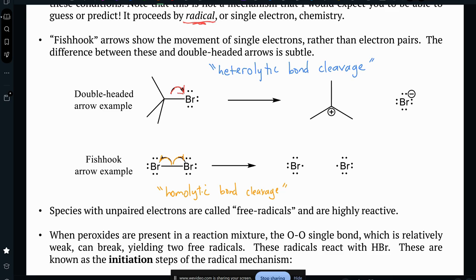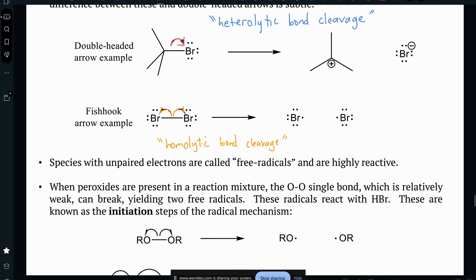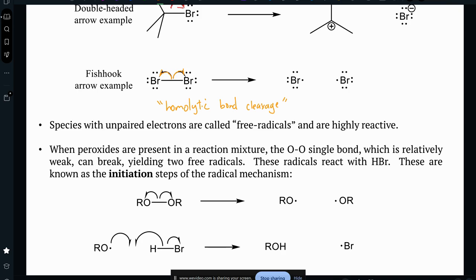Now, each of these bromine atoms now has an unpaired electron. That makes them what we call free radicals. Free radicals with that unpaired electron are generally very reactive. They're going out looking for something to bond with so that they can share that electron with someone. And you might hear about free radicals in your body as being potentially dangerous.